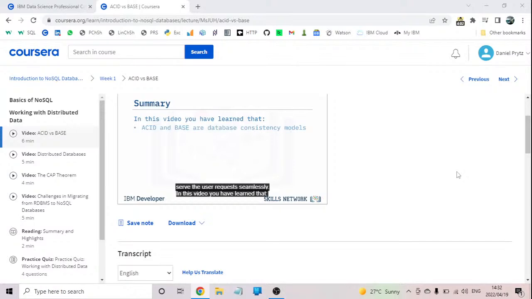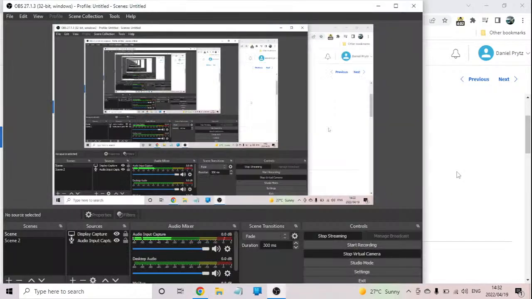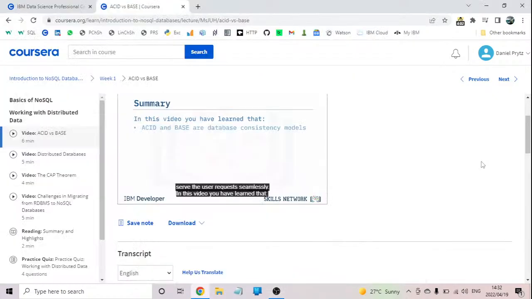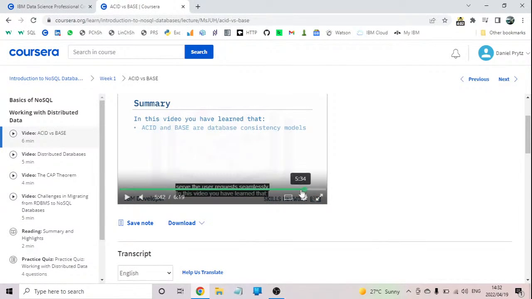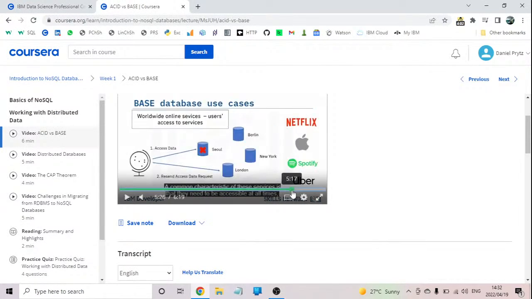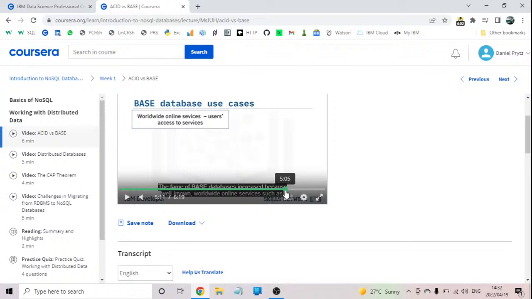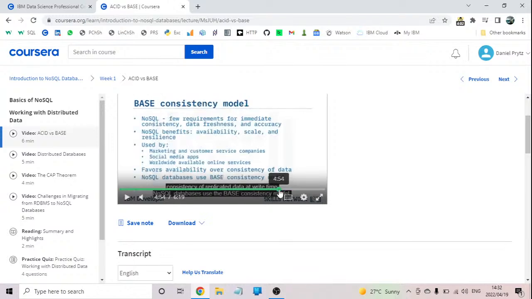Okay, so obviously we're going to be doing the differences between ACID and BASE. I don't know why that keeps happening.